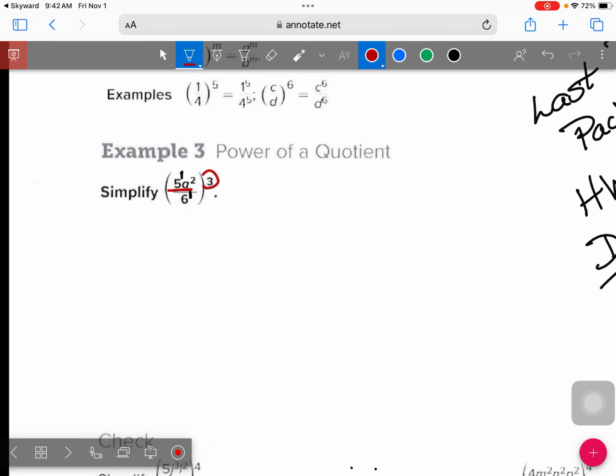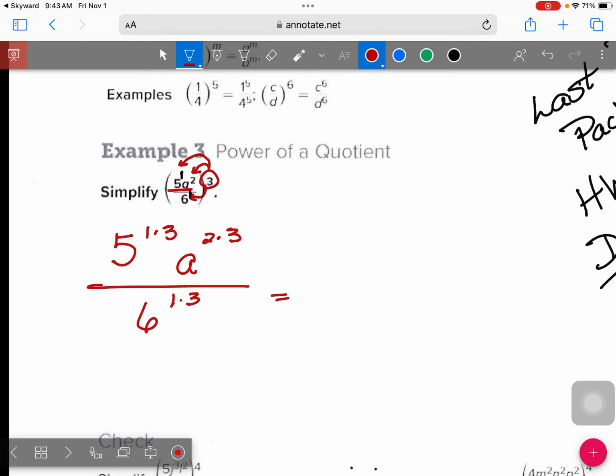This 3 gets distributed with every exponent on the top and with every exponent on the bottom. So this becomes 5 to the 1 times 3 times a to the 2 times 3, all divided by 6 to the 1 times 3.